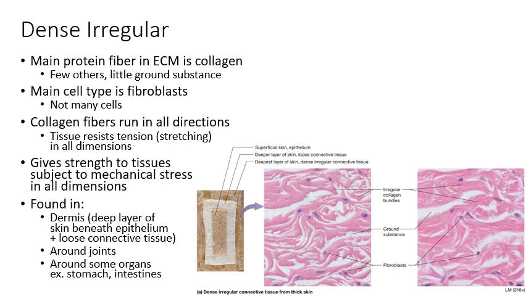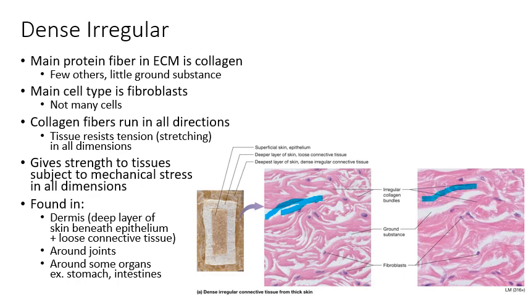First, you have dense irregular connective tissue. The main protein fiber in that extracellular matrix is collagen, so the tissue is mostly made of collagen fibers. You also have a little ground substance. It would be these white streaks here. That's ground substance, and then the pink stuff, that's your collagen.